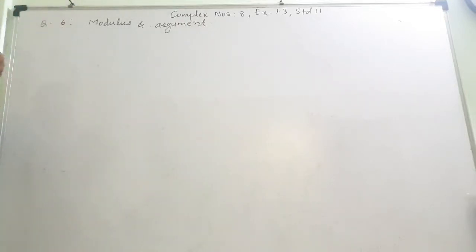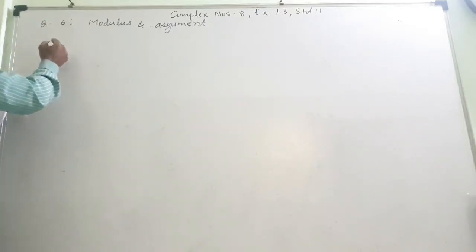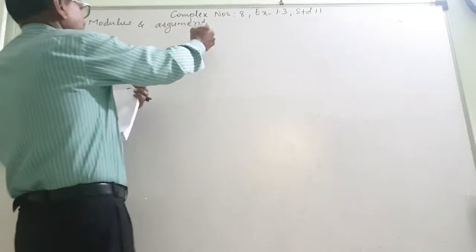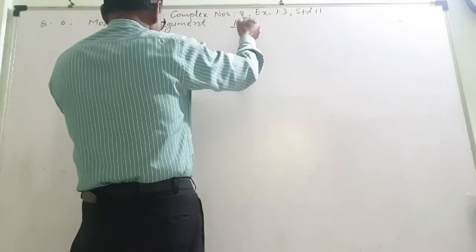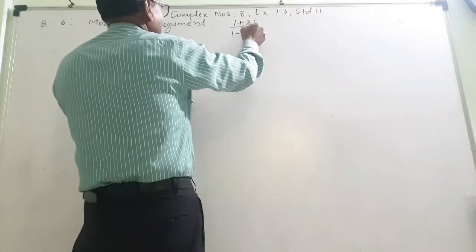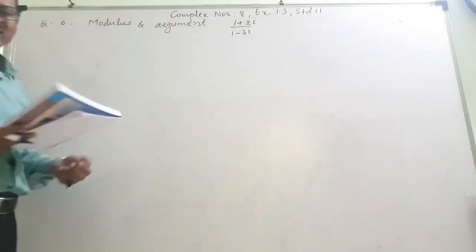Modulus means the value of r we have to find, the radius. So in that the question is 1 plus 2i upon 1 minus 3i. This is the question. I have to find the modulus.